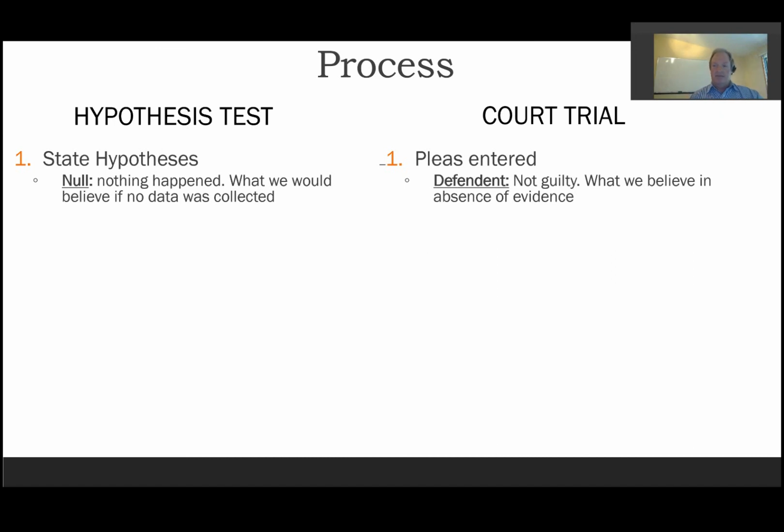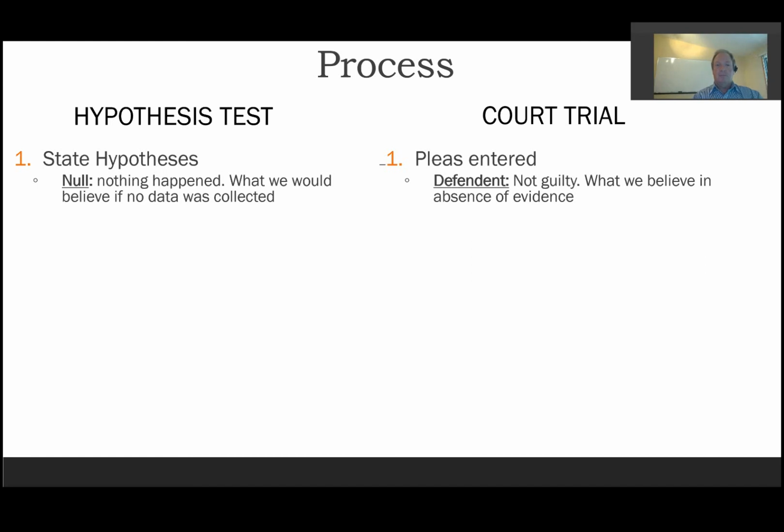The defendant's equivalent of a null hypothesis is not guilty. It says nothing happened. I didn't do it. And again, it's what we would believe. It's what we start off believing in the absence of any evidence. If the prosecutor comes in and says, I have nothing today, the defendant walks out of court a free person 100% of the time.